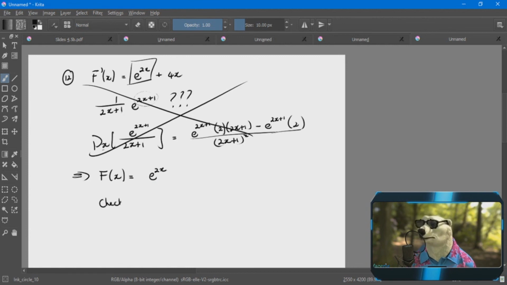If I now start checking some stuff and say, okay, how close am I if I just use this initial guess? Well, this is now a function of a function. Now I'm in a chain rule situation. The derivative of the outside function, yes, it is e to the 2x. But the second part of the chain rule says multiply by the derivative of the inside function, which is a 2, and there is no 2 in my target.